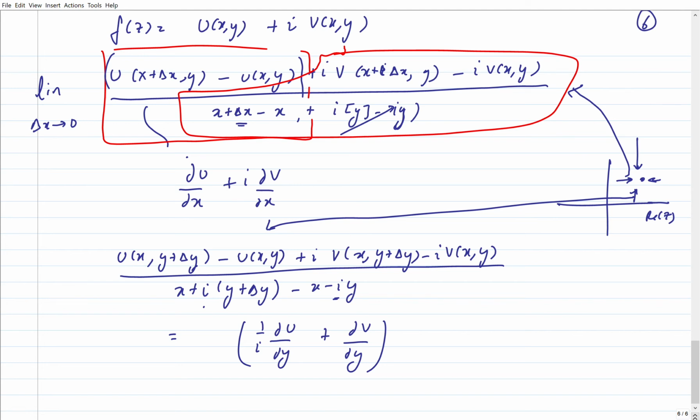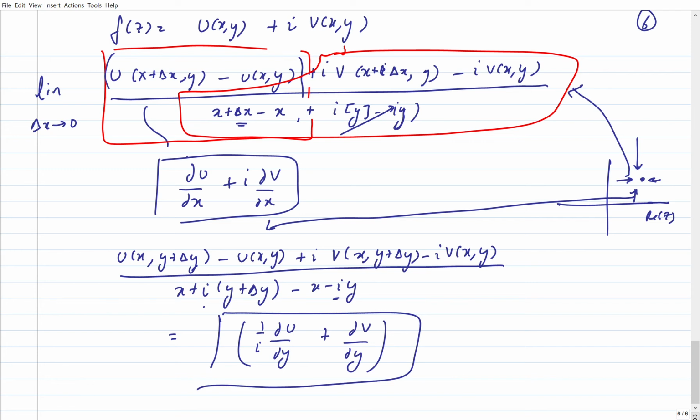So for the derivative to be consistent, I should equate these two sides. There should be no ambiguity in which way I am taking the derivative.